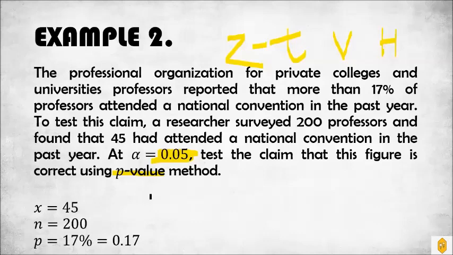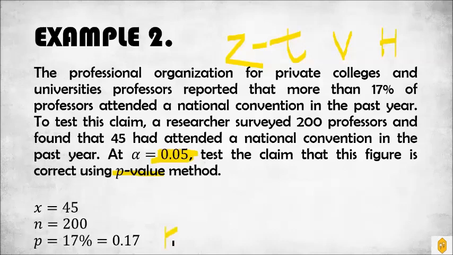Ito yung ating sample na umattend ng National Convention in the past year with respect to the 200 professors na ating sample size. And then ang ating population proportion is 17%. That is also equivalent to 0.17. And yan po ang magiging value natin for K.